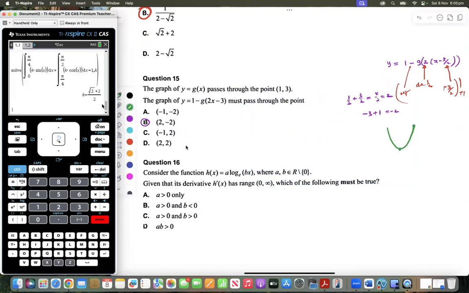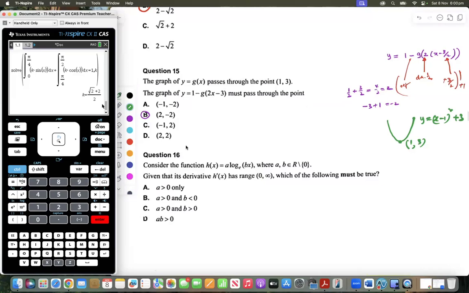So 1, 3 is your turning point, right? 1, comma 3 is your turning point. Don't worry about dilations here. Then your graph will be y is equal to x minus 1 squared plus 3. Correct? Yes. Then just do it. Just open up a new book here. So define my f of x.